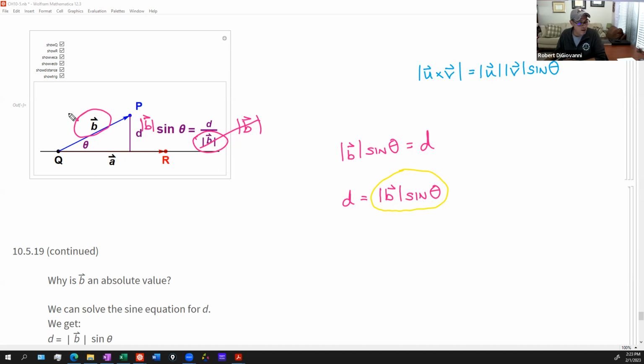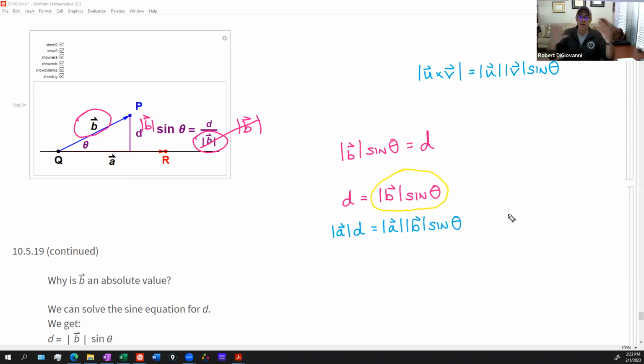What other vector am I talking about in this picture? Theta is the angle between the two, so what vector am I talking about? A. We're talking about the A one. So watch, I'm going to do something really cool. I'm going to just multiply both sides of this equation by the magnitude of A. I'm allowed to do that, right?